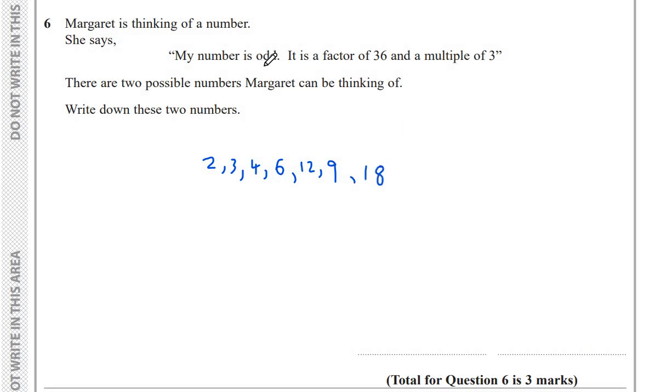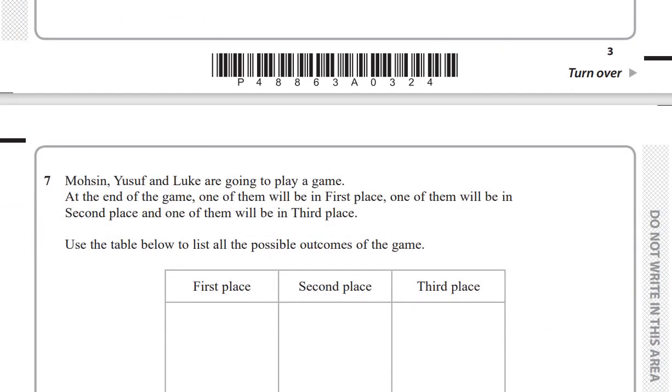But that factor must be an odd number, so you need to cross out the even numbers. The other condition is that the number has to be a multiple of 3. Well, 3 and 9 are two odd factors of 36, and they are certainly multiples of 3. So 9 and 3 are the numbers that Margaret is thinking about.